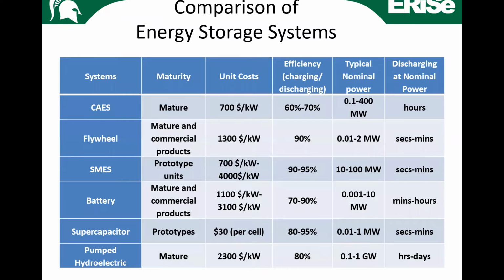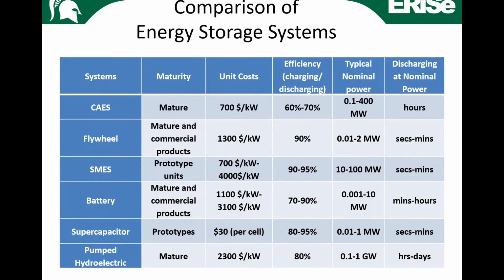Okay, so let's quickly take a look at some energy storage systems and their characteristics. So on the left, you see the different storage technologies. CAES stands for compressed air energy storage. SMES stands for superconductive magnetic energy storage.